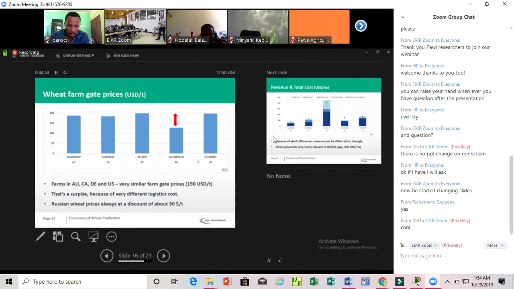And the other is the strong political will of all the actors in Russia to become a powerhouse in wheat. I don't know how they manage it, but somehow the wheat prices are very, very low for farms.